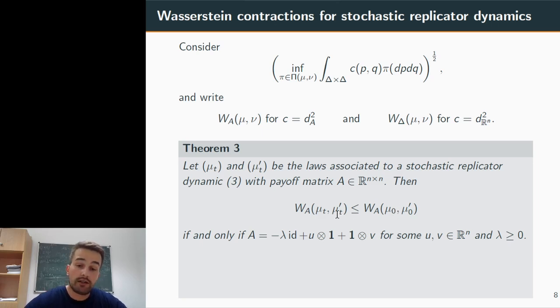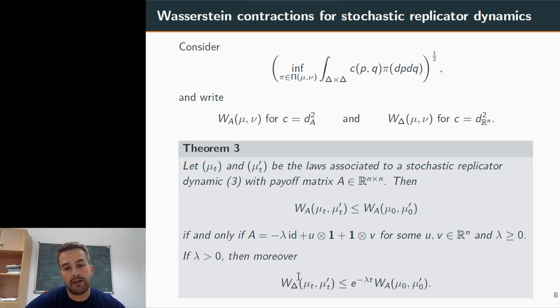And that you cannot get as long as you have W_A on both sides. However, if this lambda here is strictly positive, then what one can prove is that if we take the other distance over here, then this guy is going to converge to 0 exponentially fast.